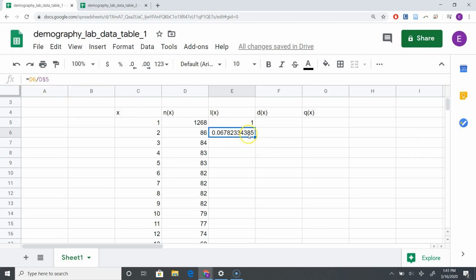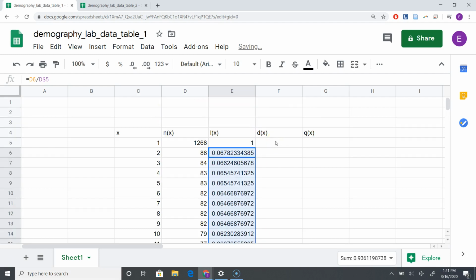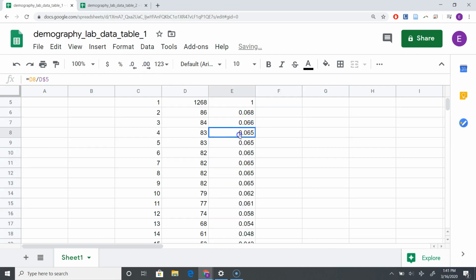What happens now if you go to the bottom corner here and you drag this formula down with you, a little bit easier to look at, is it keeps dividing by that same number. So if you put a dollar sign by something in Excel, it will not change the value of it.